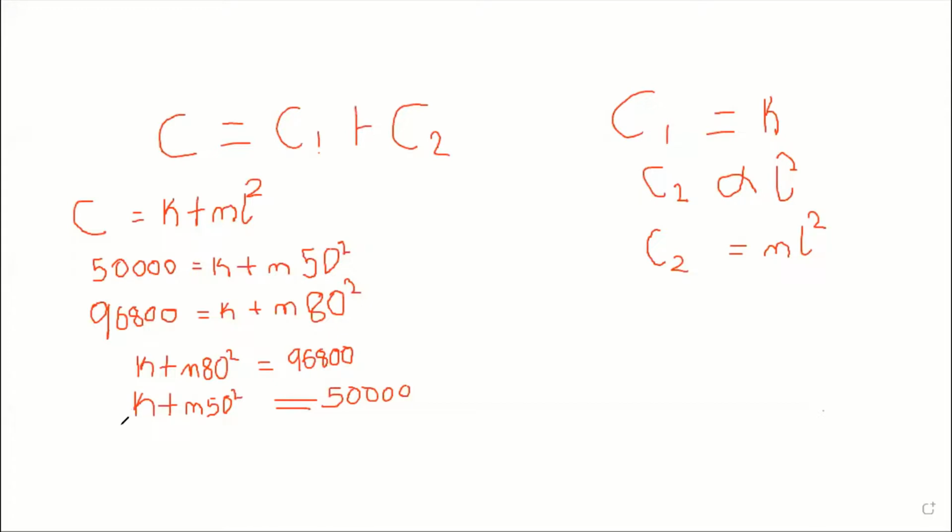My next step will be K plus 80 squared is 6,400, so 6,400 M is equal to 96,800.